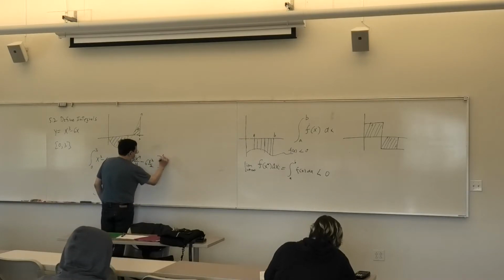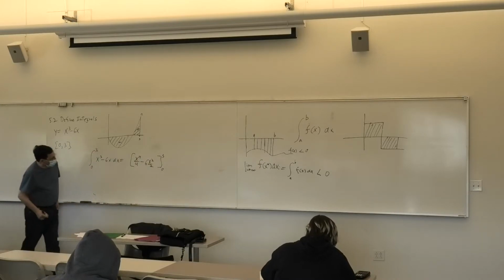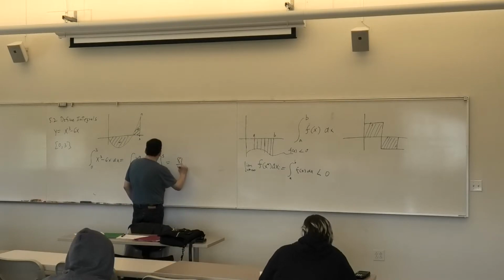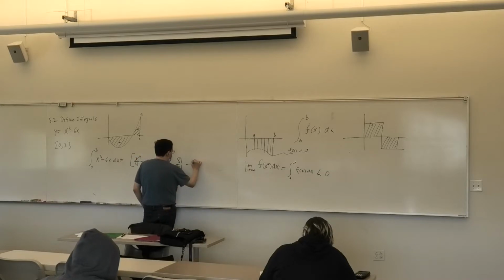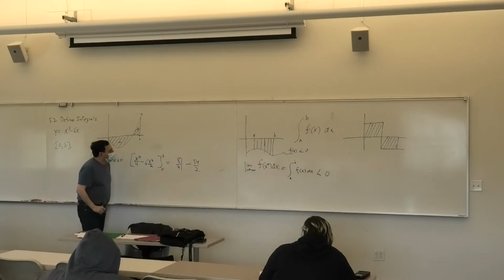And we want to evaluate it between 0 and 3. So, okay, 81 over 4 minus 9 times 6 over 2.